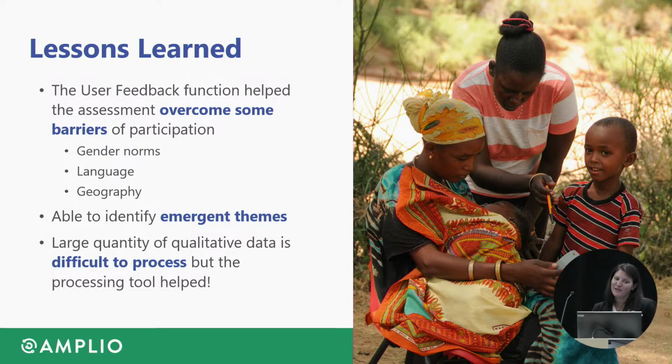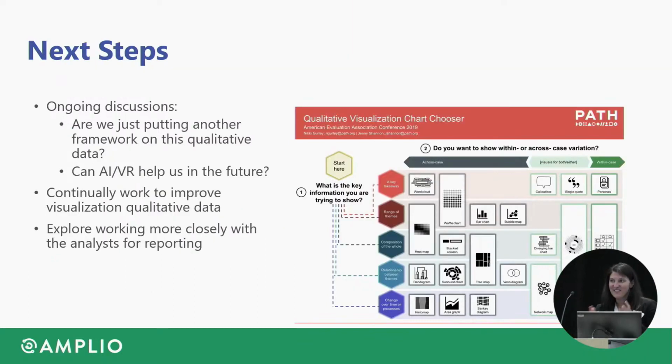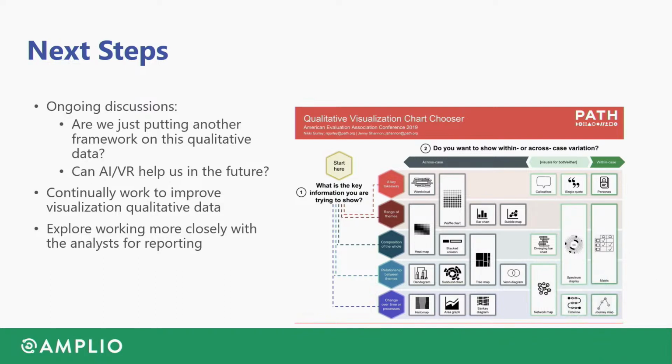And then finally, we also learned that processing large amounts of qualitative data is difficult, right? The processing tool worked, but it's also not perfect. So we're continuing to evolve that. Building upon that, we're internally debating a couple of things with this new system.